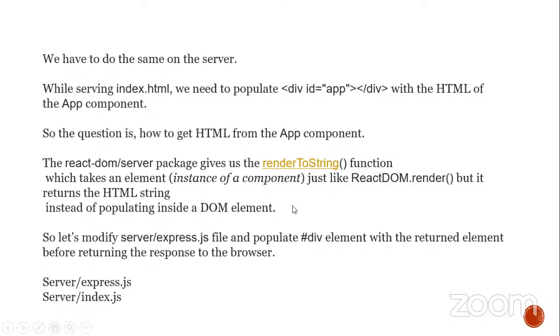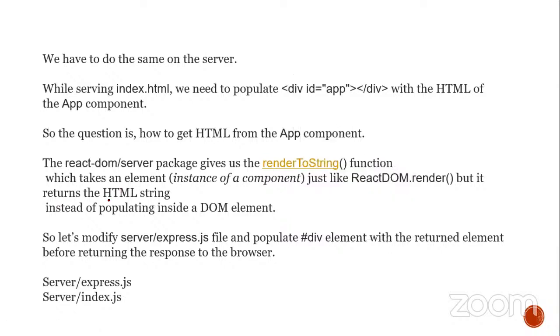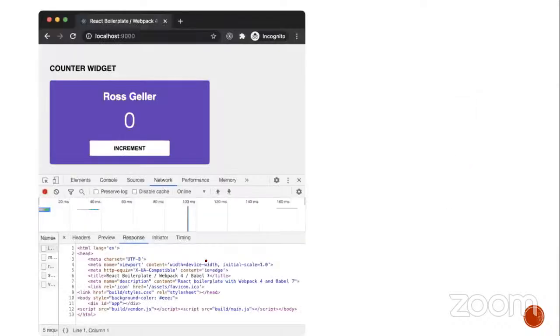Already we have written the renderToString function, so the entire static page will now be rendered as an HTML string. Instead of populating inside your DOM element, you are directly showing the string itself. So now your Express.js file and the populated div element are both returned before you return the response to the browser. The same thing will be given to your browser also.